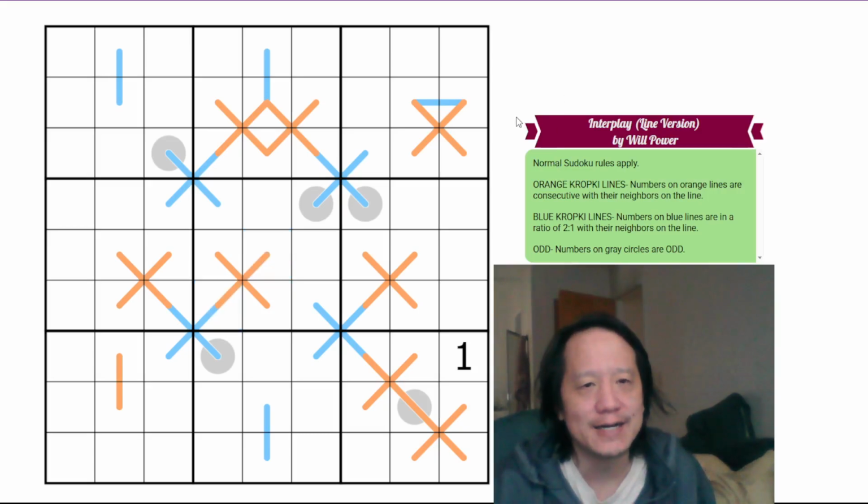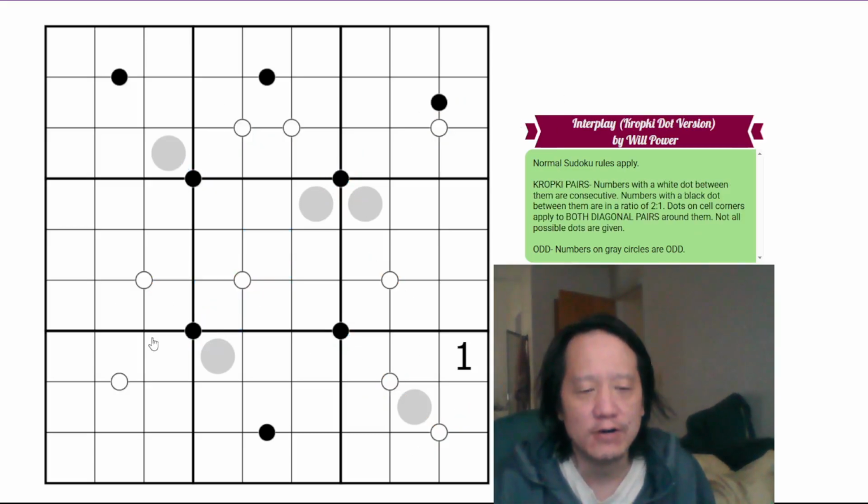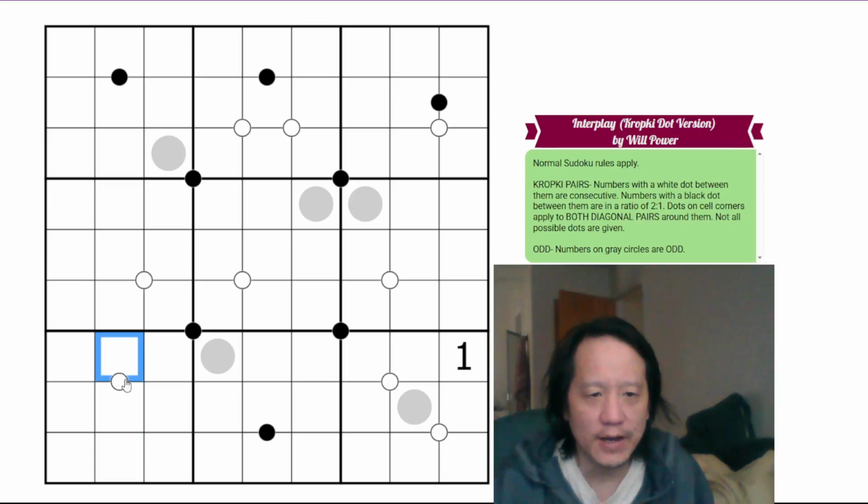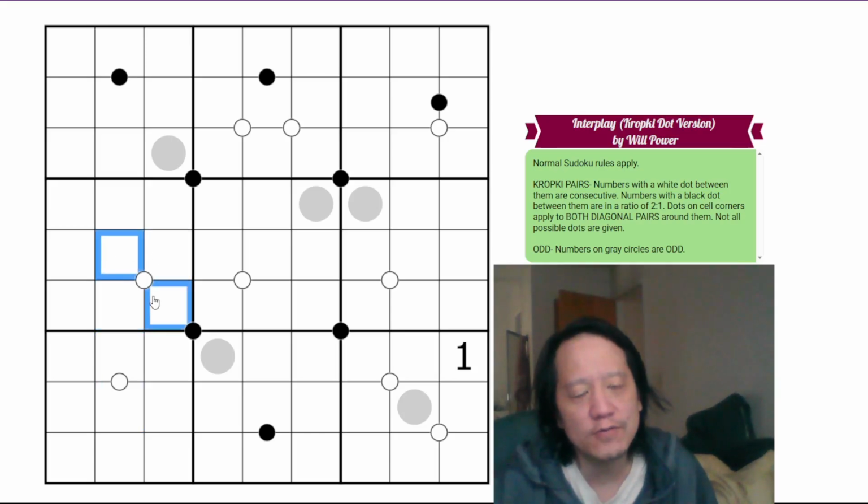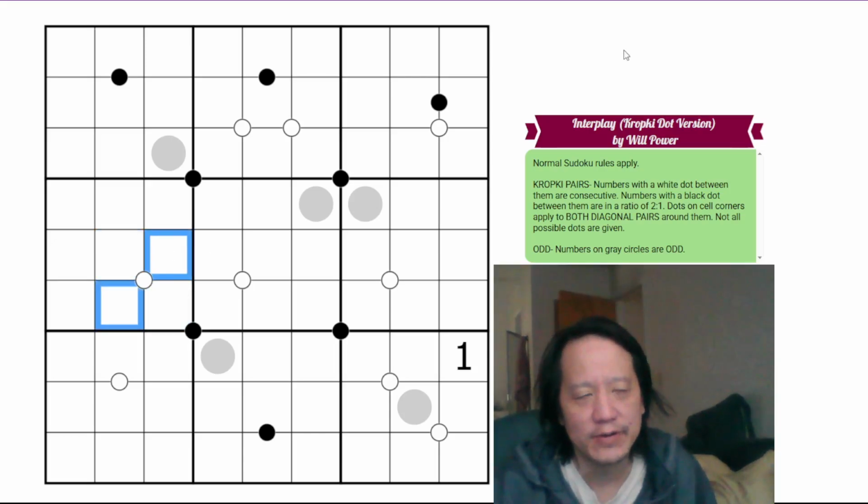With the Kropke dots, you have to explain that if you have a dot between two cells horizontally or vertically, those digits are consecutive. But if you have one in the corner, one set is consecutive this way and the other set's consecutive that way.